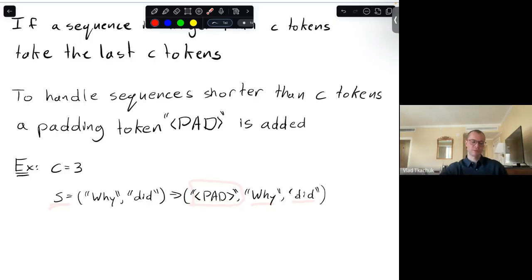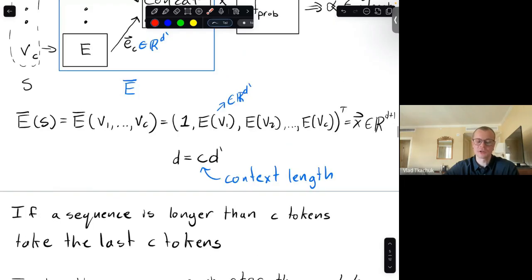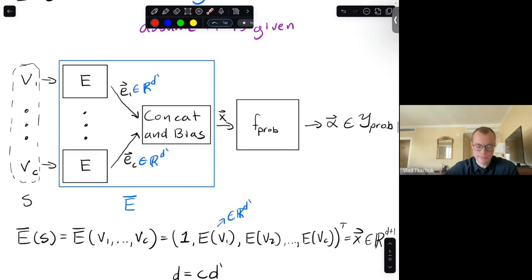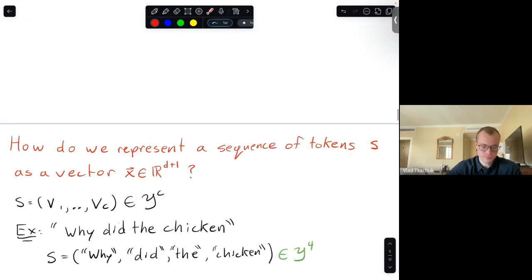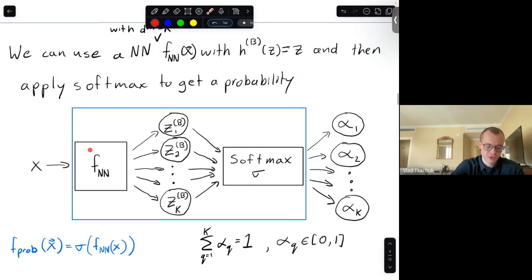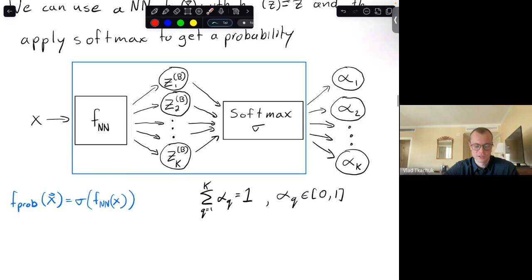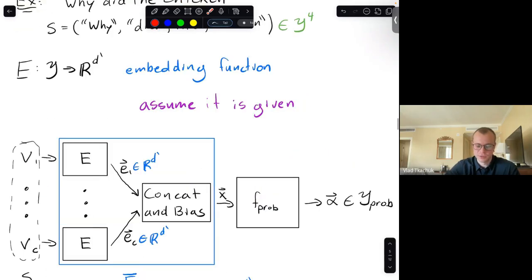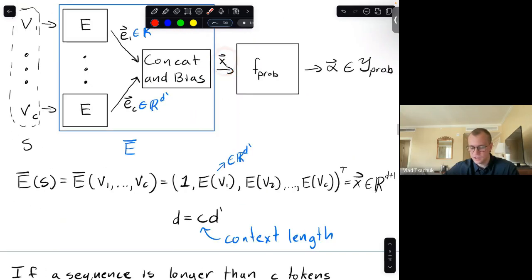Okay, and there's something I want to point out, which will also be discussed later on. This is not quite how the current language models deal with this. The reason we're running into this issue is because here, we really want to use a neural network of the same style as we've seen so far in this course. And that really expected the input x to be some D plus 1 dimensional vector.